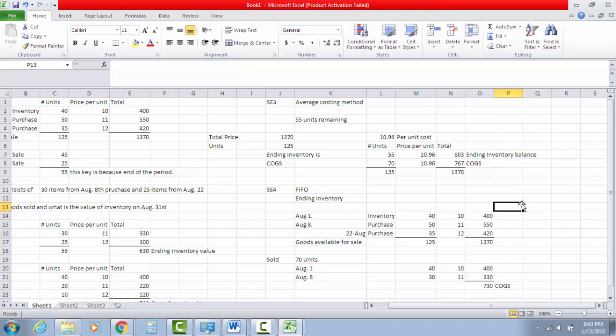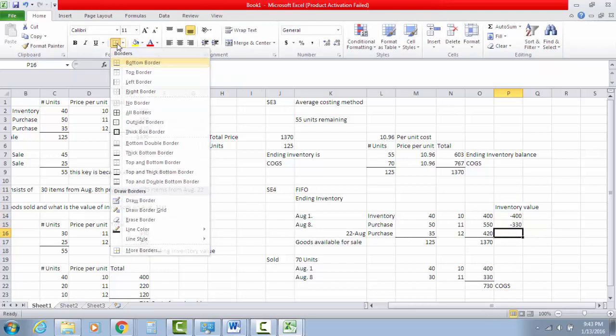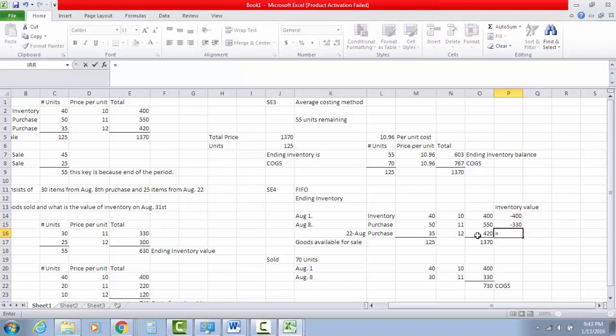So basically, to get our inventory value, here's what I do. I do our inventory value, and I do minus what we say we have in ending inventory, and I come up with the value. We have all of this because we say we didn't sell any of it.